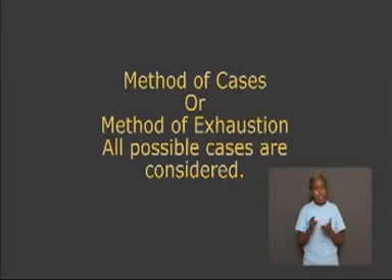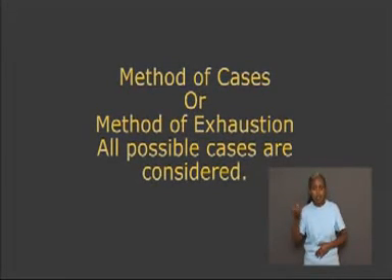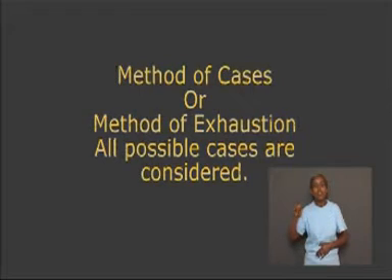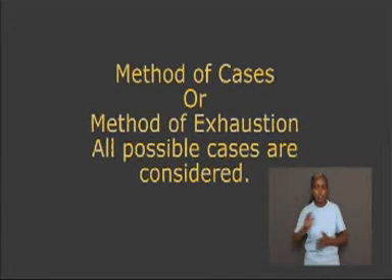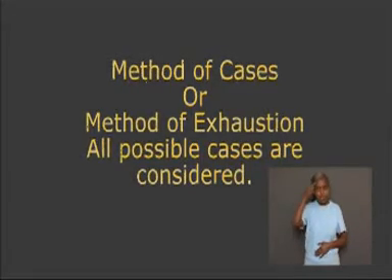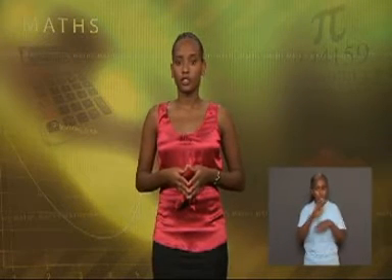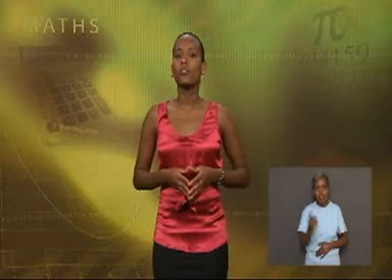A third method is called the method of cases, or the method of exhaustion. When we use this method, we must consider each and every possible case. For example, for the statement n squared plus 1 is odd for all integers, we would work through two cases to make a proof.